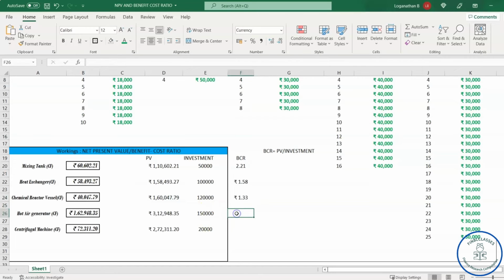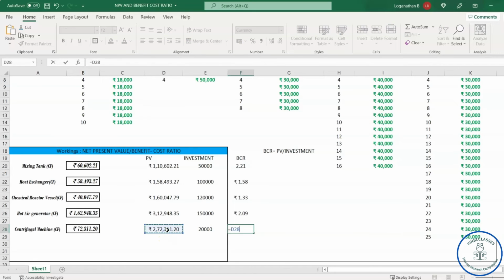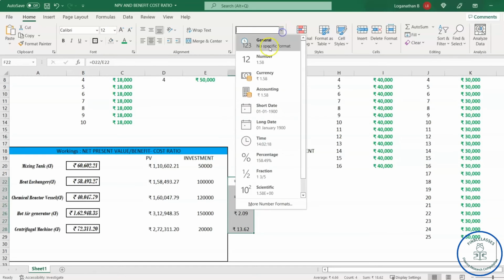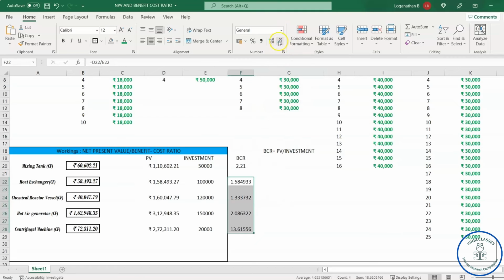Then you have for hot air generator, present value 3,12,948 divided by 1,50,000, then equal to 2,72,311 divided by the value which is in E28 for centrifugal machine. So I'll just change this format with no specific format and reduce the decimal to 2 places, right? So now you are getting the BCR, the benefit cost ratio.